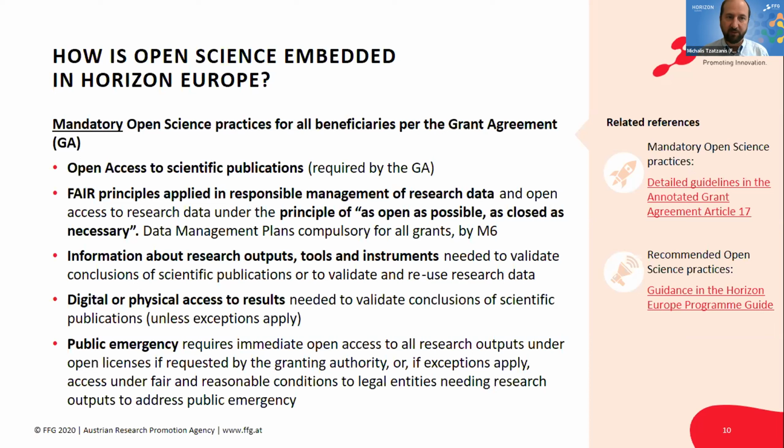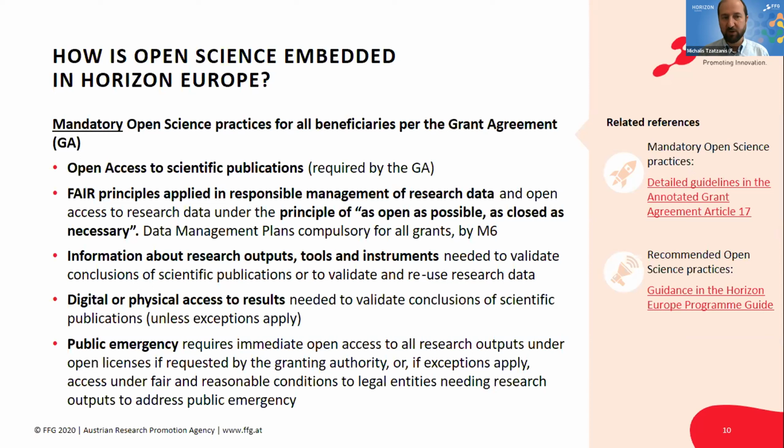Then there's a requirement to use FAIR principles in responsible management of your research data, and to have open access to research data under the principle of open as possible, as closed as necessary.